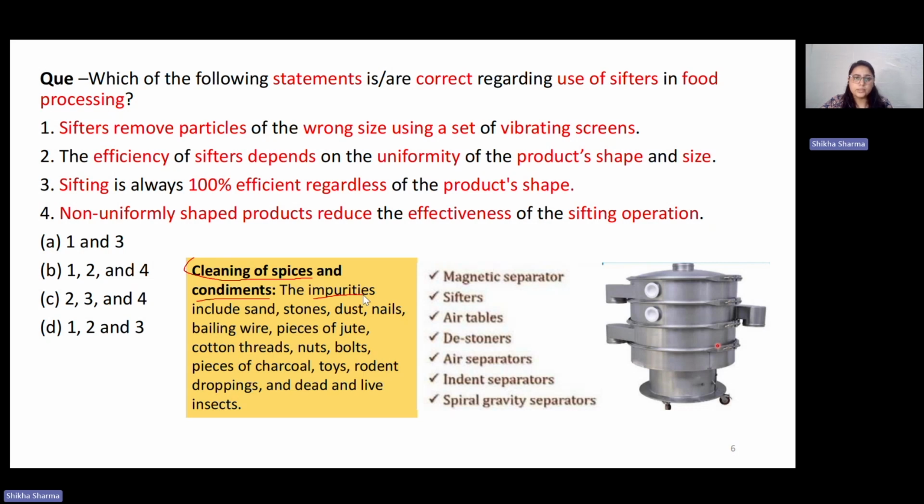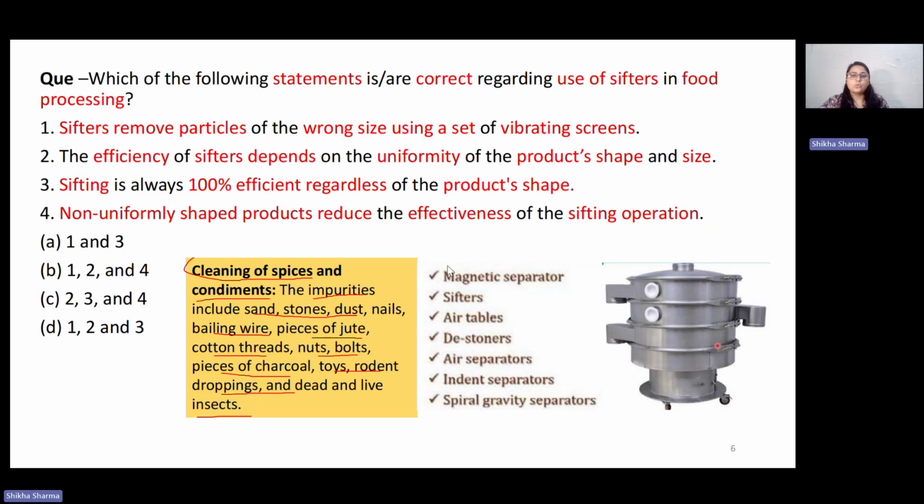Those impurities may include sand, stones, dust, nails, baling wires, pieces of jute, cotton threads, nuts, bolts, pieces of charcoal, toys, rodent droppings, and dead and live insects. So they must be cleaned before further processing.